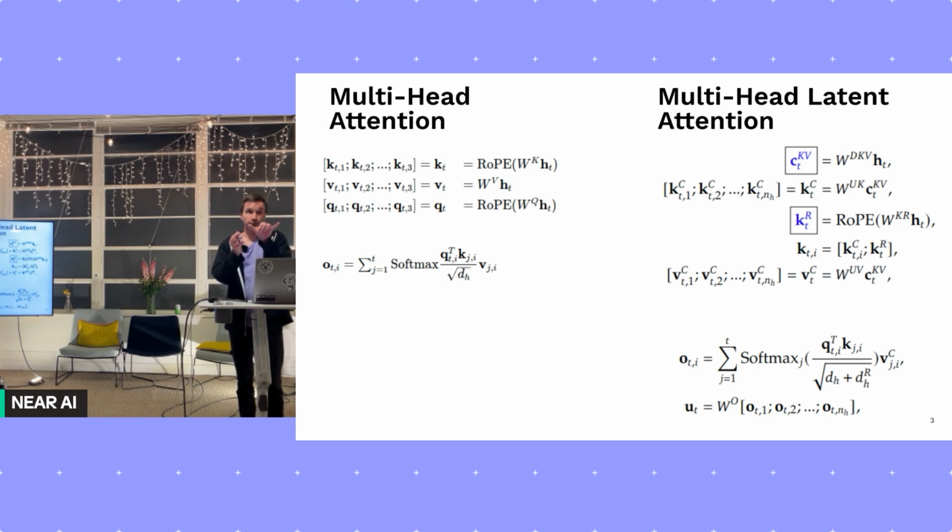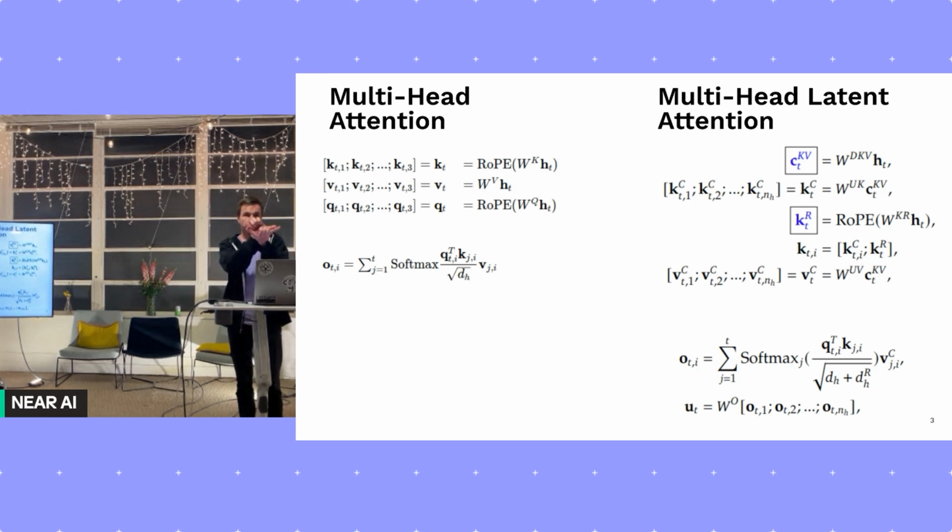Namely, they multiply the input vector, which is wide, by a matrix which projects it into a much smaller dimension. Then they multiply by another matrix which up-projects it back to the original dimension. The key is that the keys and values they store in memory are the small down-projected ones, and so they occupy much less memory.